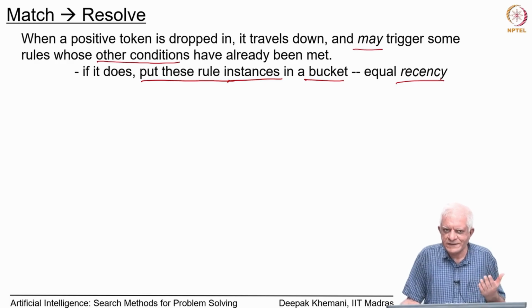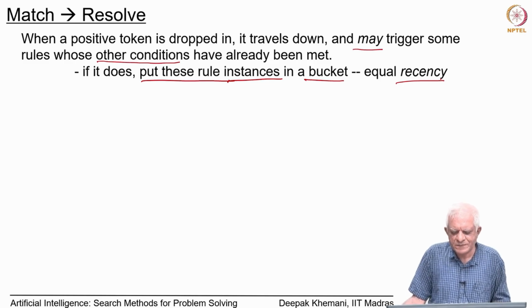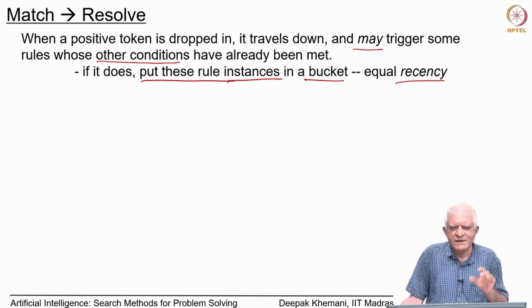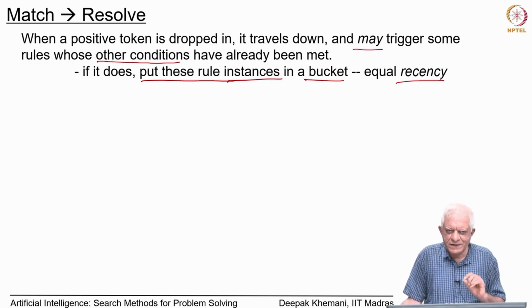In fact, it is the highest recency, because this is the last working memory element you dropped into the system and it triggered some rules. So, if you are using the recency strategy, then one of these rules will be selected by conflict resolution, and other rules may have matched earlier, but they are waiting somewhere. This is how to implement recency: the moment a rule gets triggered, you put it into a new bucket, and that new bucket tells you that these are the rules with the most recent working memory element.